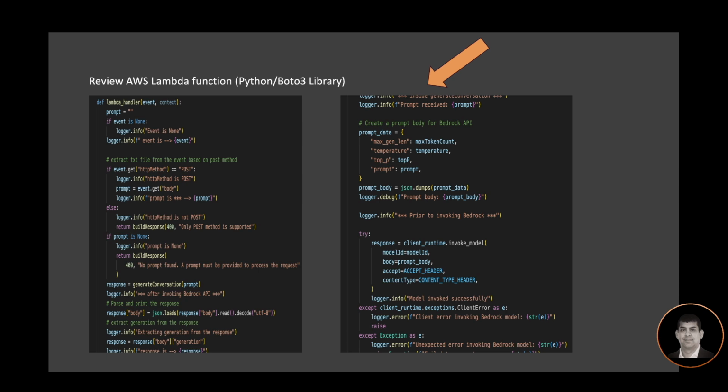Then I'm going to invoke a custom function here, generate conversation, where I'm passing the prompt. And inside that function, I'm invoking the Bedrock API. I'm using the Bedrock runtime, a standard method provided by the Bedrock API. I'm invoking it, passing the prompt and getting the response back. And this response will then be returned back to the API.